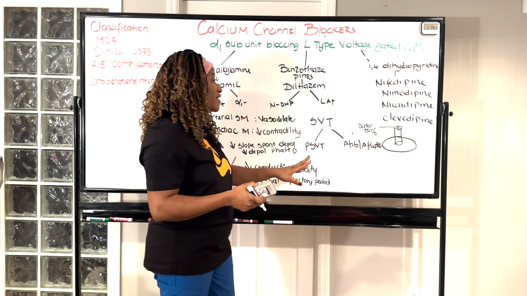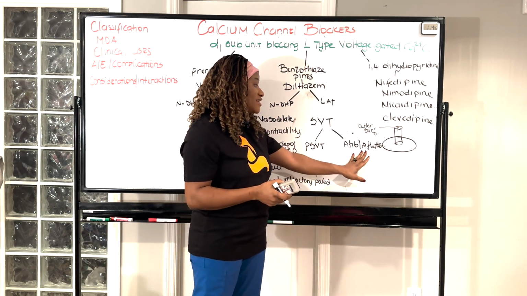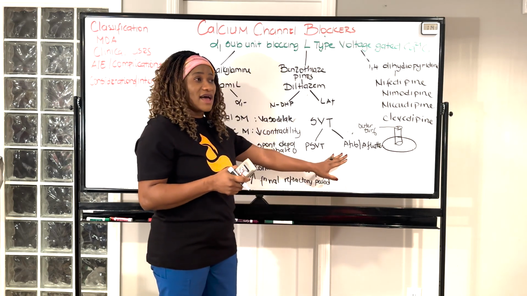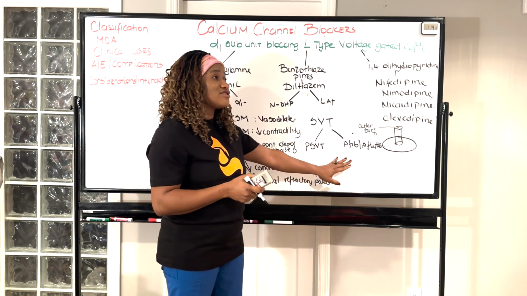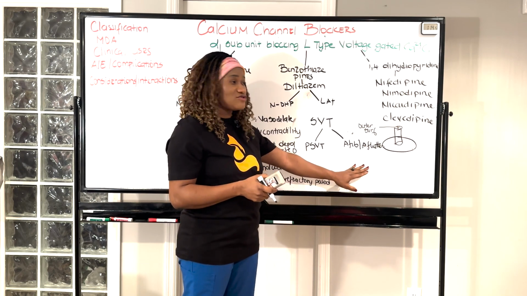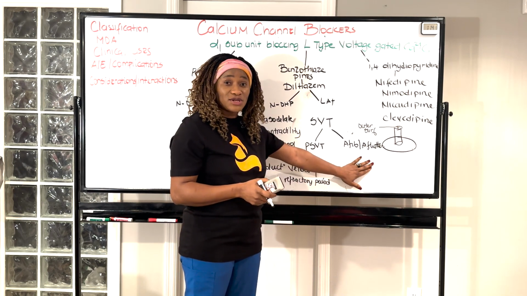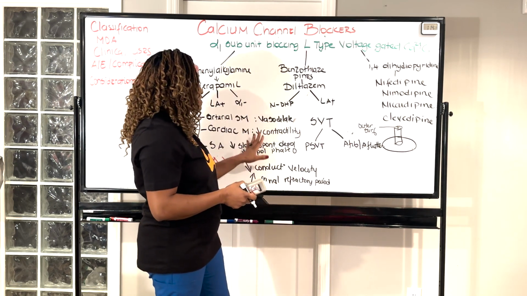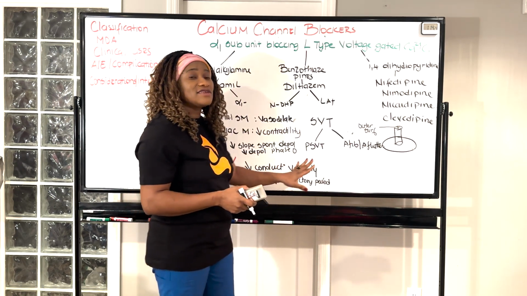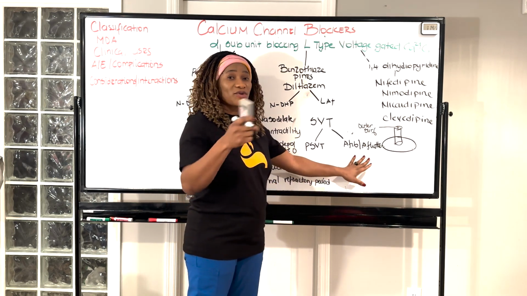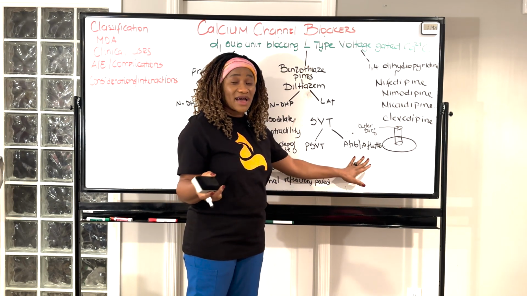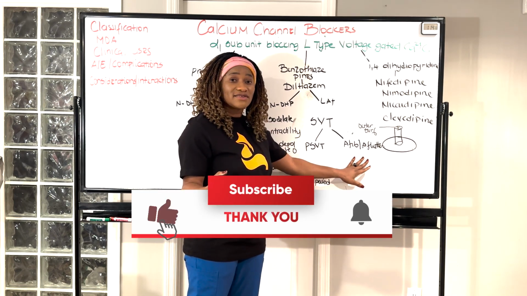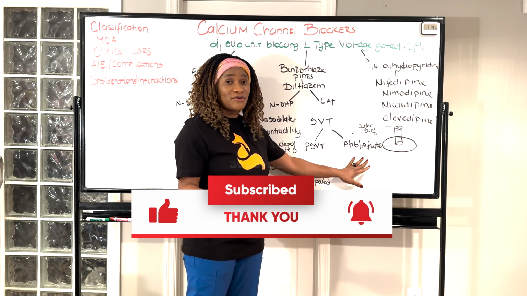So this is why, if you have a patient who has AFib or A-flutter and also has an accessory bypass tract, just like in Wolff-Parkinson-White syndrome, you don't want to give calcium channel blockers, because the decrease in heart rate is going to have an increased effect in the bypass mechanism in the accessory tract, which is going to increase the sympathetic nervous system, and you're probably going to end up with AFib.